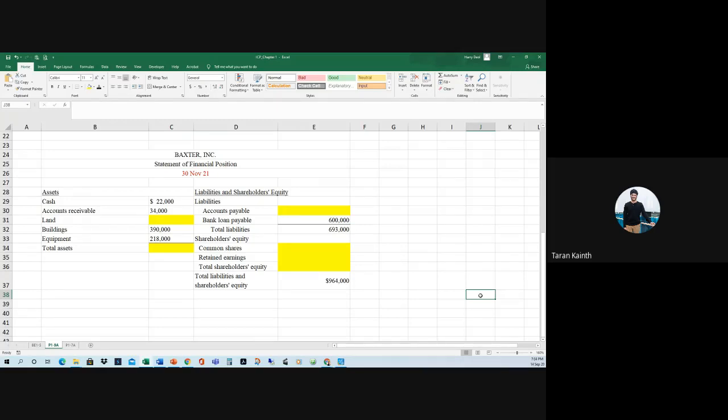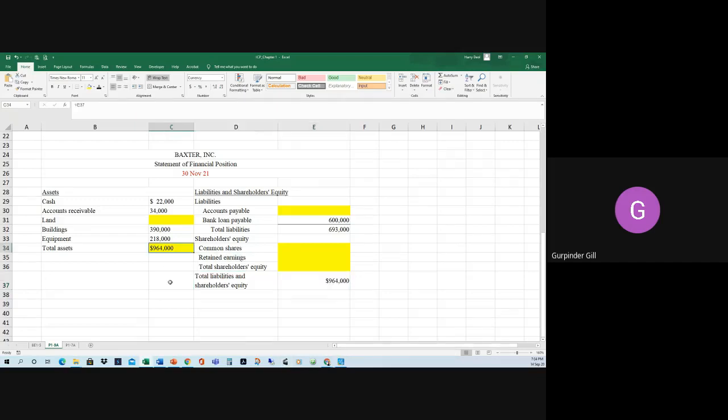If the right side has to equal the left side, you know that total assets should also equal 964. Awesome. That is how you connect dots. Our accounting equation says assets have to equal total liabilities and shareholders' equity. We didn't know what the totals were, but we knew that total liabilities and shareholders' equity added up to 964,000, so your total assets should add up to 964.